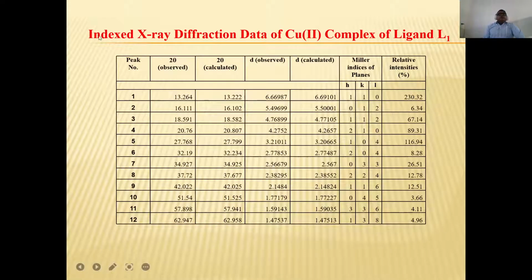Now it is the indexed X-ray diffraction data of copper complexes of ligand L1. It shows the peak numbers, the observed 2 theta values, the calculated 2 theta values, the observed d values, the calculated d values, the Miller indices of planes, that is the hkl values, and the percentage relative intensity. Therefore the relative intensity decreases in order. This is the example of X-ray diffraction data of copper complexes.